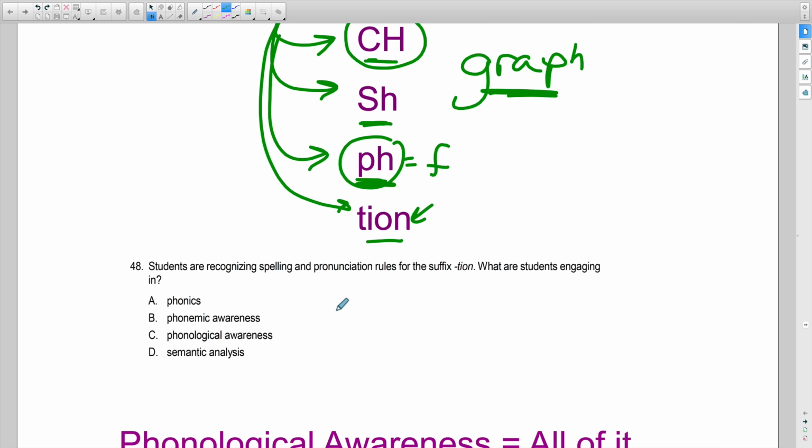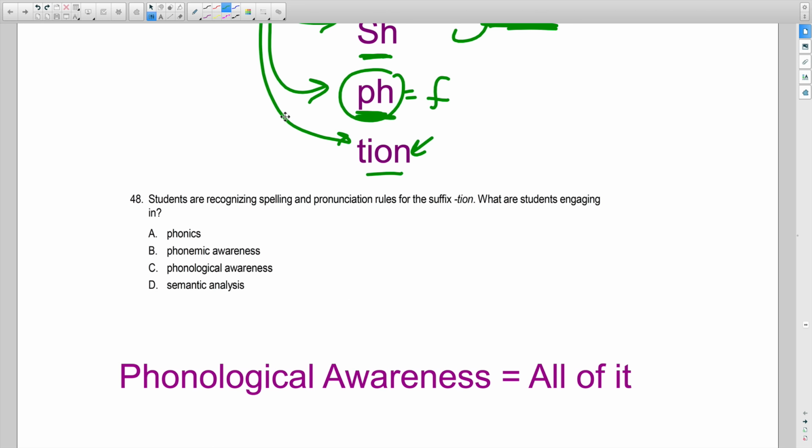Now, here's a good example. Students are recognizing spelling, keyword there, and pronunciation rules. Pronunciation rules tend to have to do with phonics because you're attaching rules to a suffix, TION. What are students engaging in? Well, it's not phonemic awareness right away because I have to be able to see TION to assign a rule.